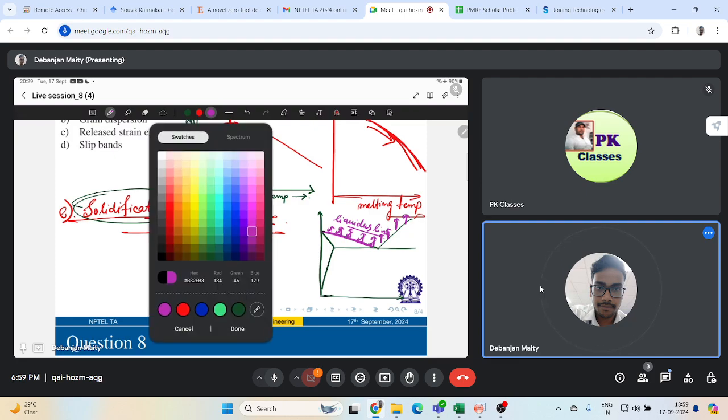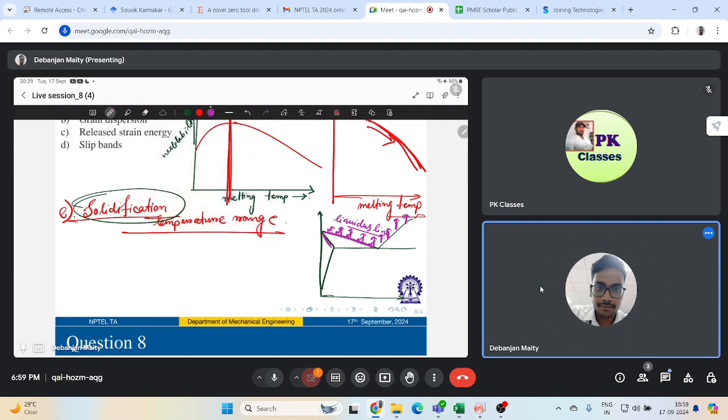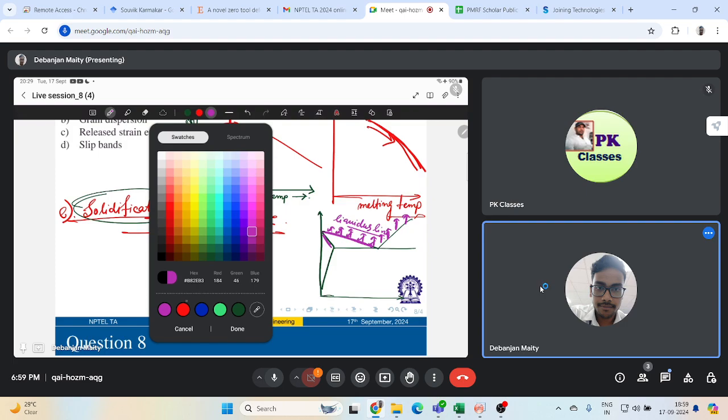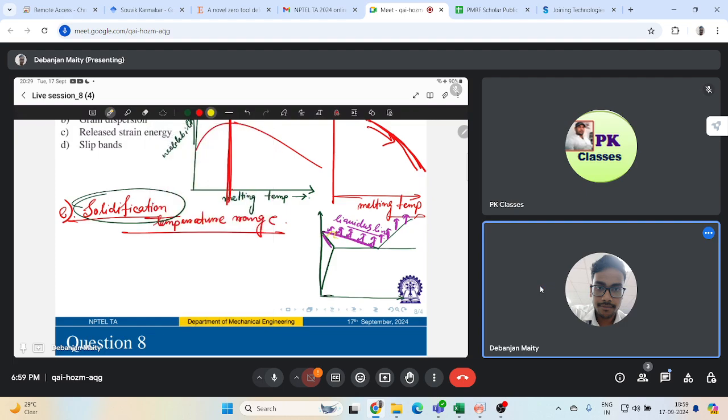Now, sorry, what is this? This is the solidus line. What is the solidus line saying? Below it, these regions are all in solid state.